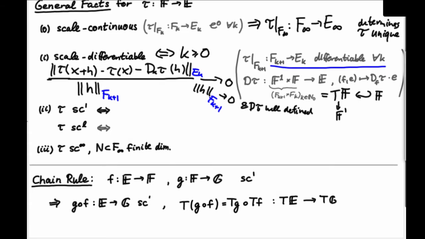But usually we're not just asking about differentiability, we're asking about continuous differentiability. So usually we're asking that tau is differentiable and d tau is continuous. That means I can write SC1 as this difference quotient and d tau being SC0.